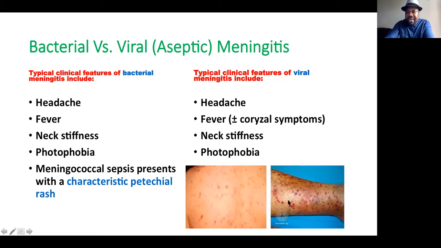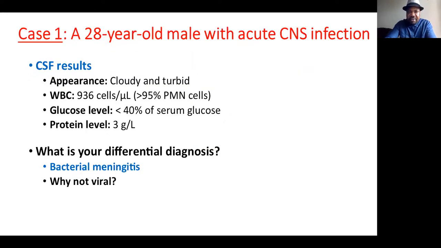So the patient will have this petechial rash plus signs and symptoms suggestive of meningitis. By looking at this, you can immediately suspect that this can be meningococcal sepsis. Okay, but other than this subcategory of meningitis, the rest of bacterial and viral meningitis will look clinically similar.